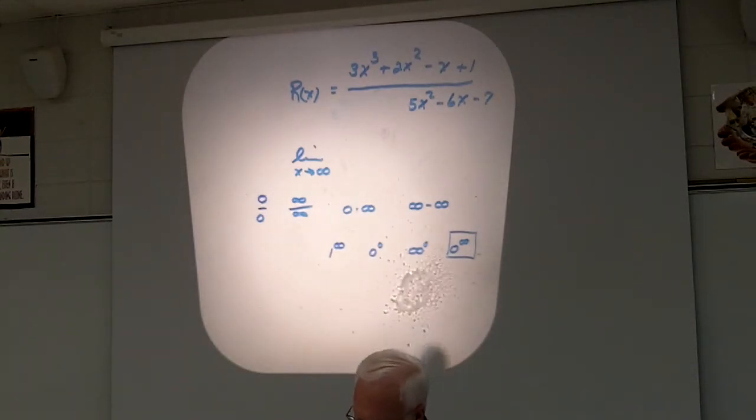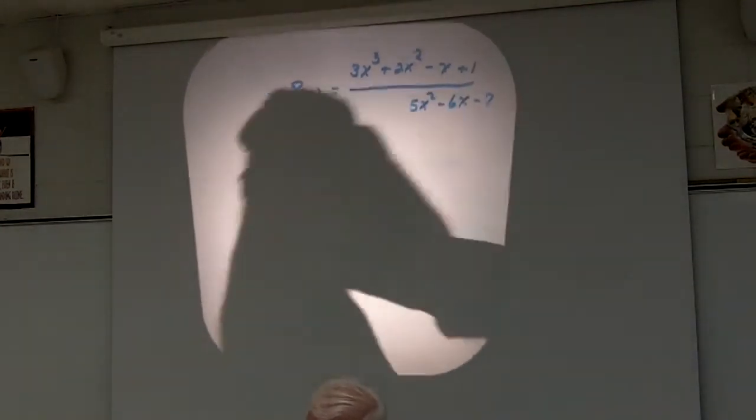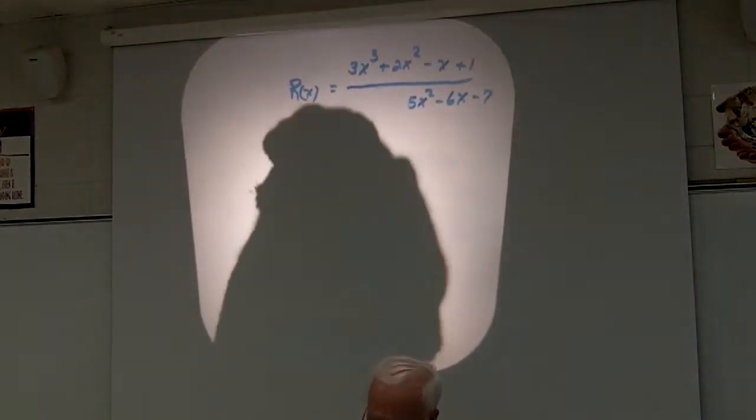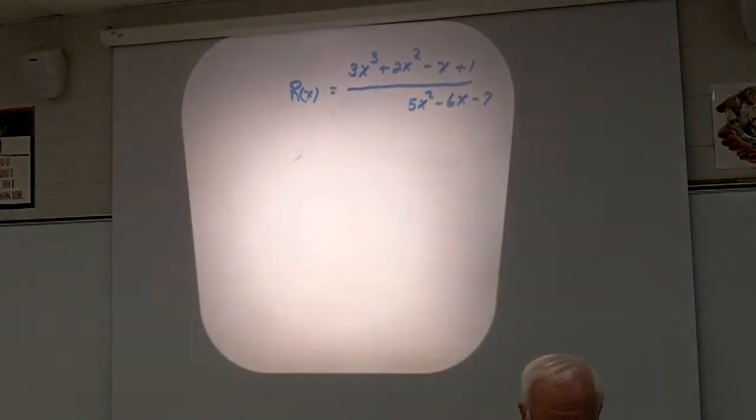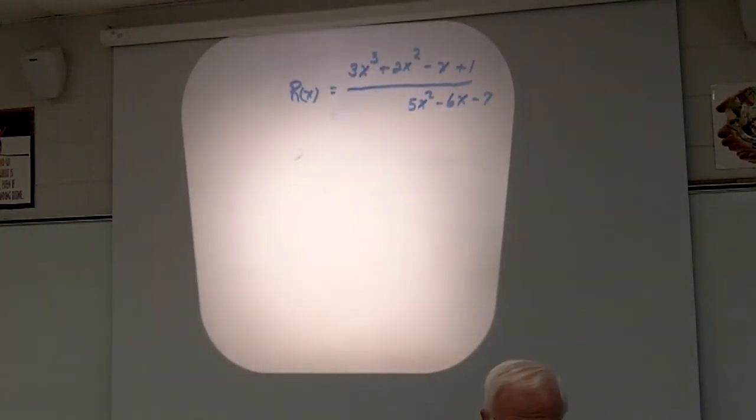Okay? Now, the next one I want to do is to go to, where am I going to go next? The theorem on page 288. Notice what it says. It says very much like this, what we have right up here. That's what it's talking about.